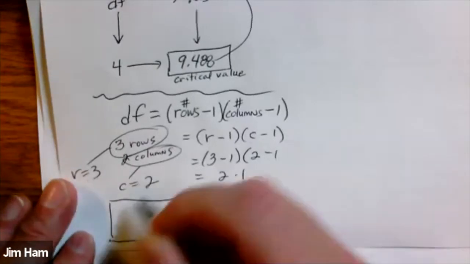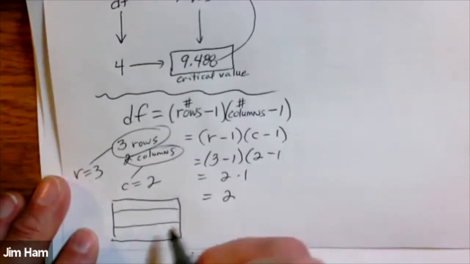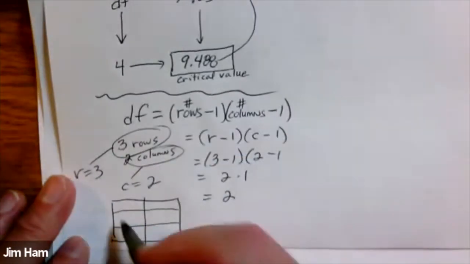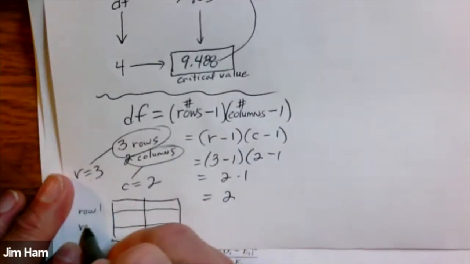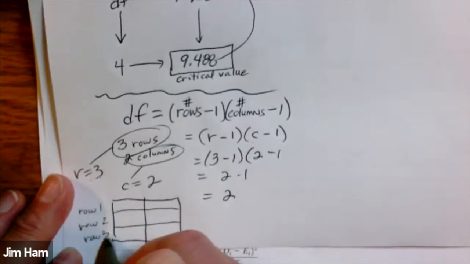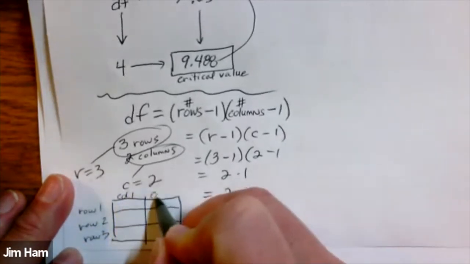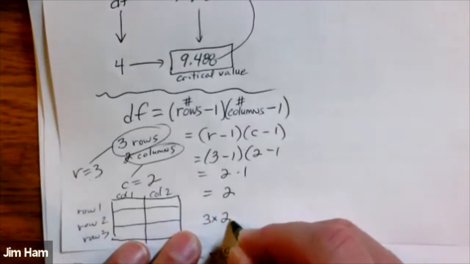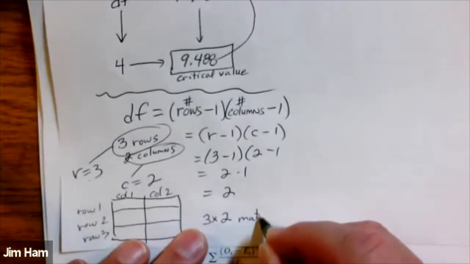And what's important here is that you do not count the total column and the total row. That's not part of the actual data. So row 1, row 2, row 3, column 1, and column 2. And we would say this is a 3 by 2, we're just going to call it a matrix.